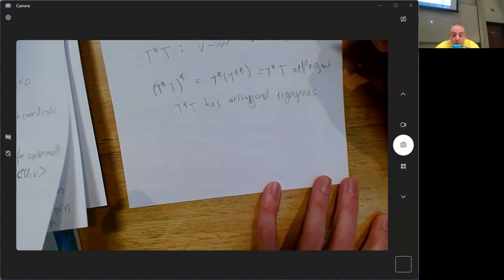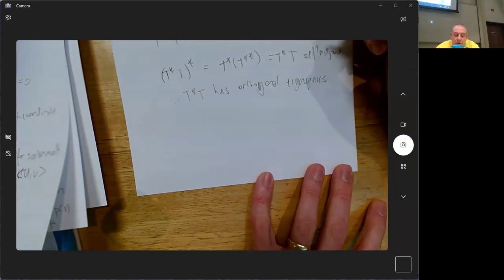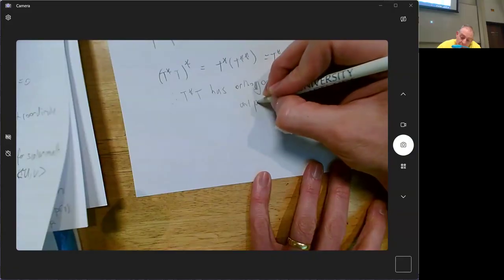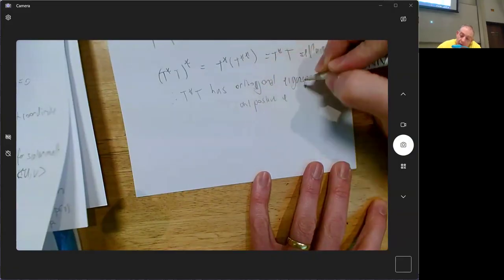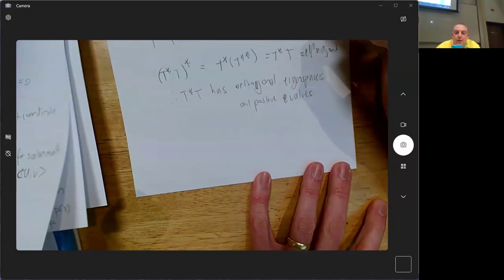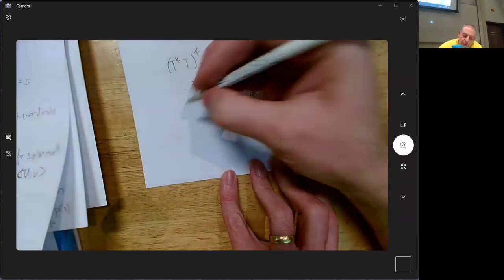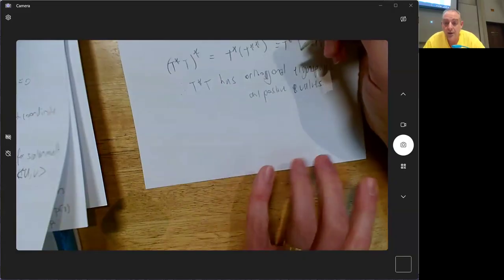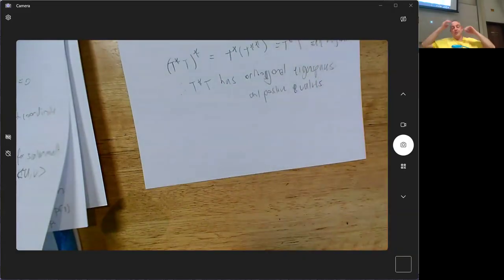Right. And so therefore the statement that the singular values are the square roots of the positive eigenvalues, the square roots of the non-zero ones included in order of the dimension of the eigenspaces, that'll be fine, right?